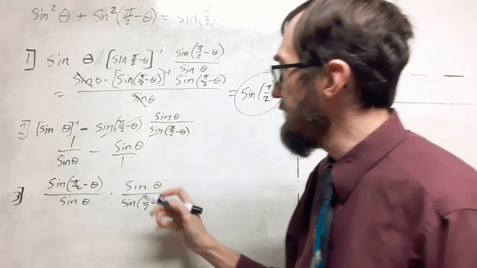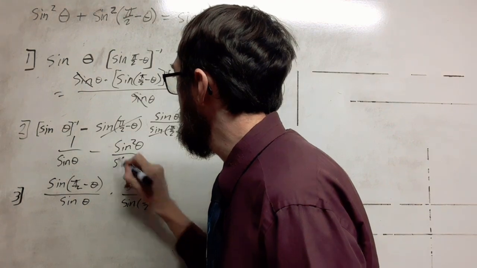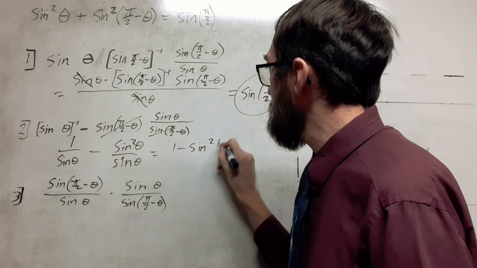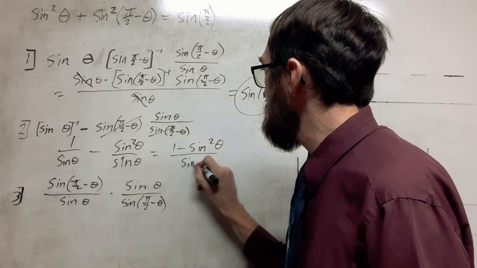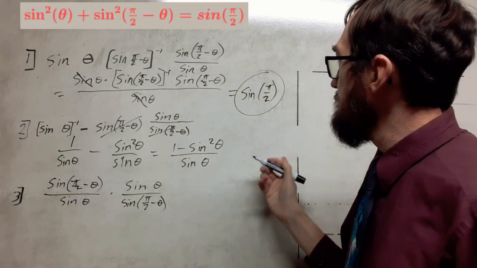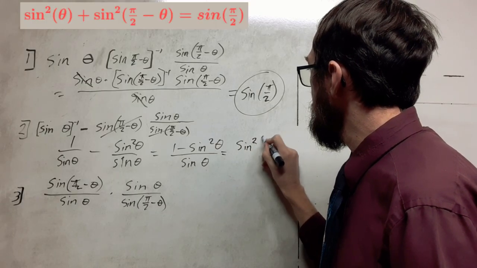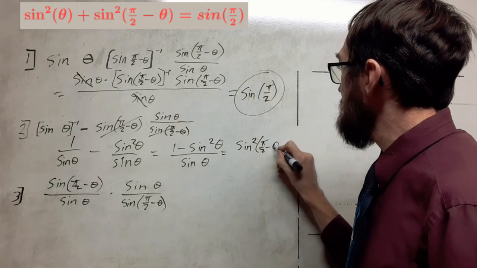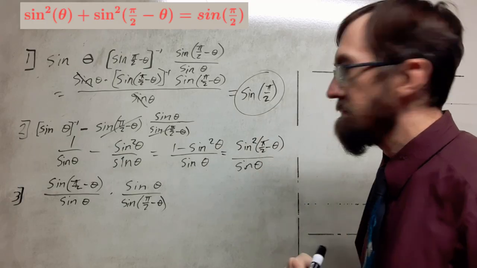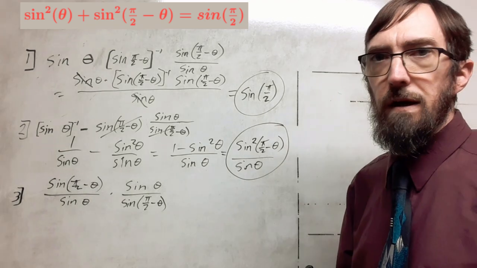We need to have common denominators, so we're going to multiply top and bottom by sine. Then we end up with 1 minus sine squared theta over sine theta. And we can do a Pythagorean substitution here. This is going to be sine squared of pi halves minus theta all over sine theta. And that is as far as we can go with that.